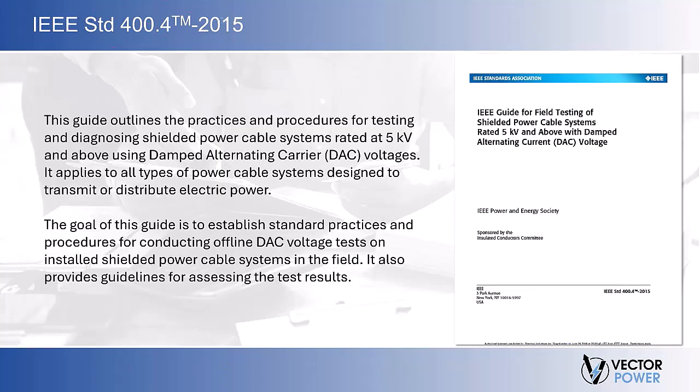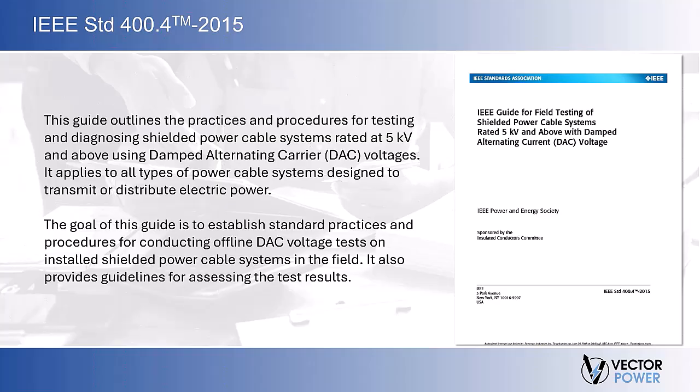Yet another standard we mentioned earlier is the IEEE standard 400.4 2015 revision. This one is for our new player, DAC. The guide outlines the practices and procedures for testing and diagnosing shielded power cable systems rated at 5 kV and above using damped alternating current. It applies to all types of power cable systems designed to transmit or distribute electric power.